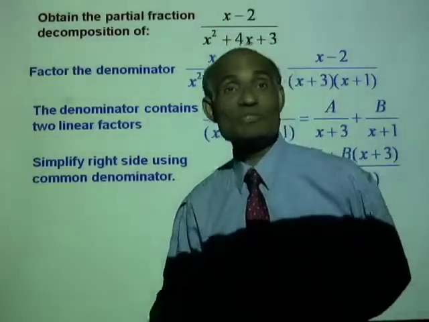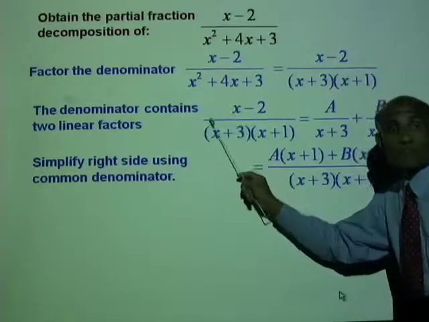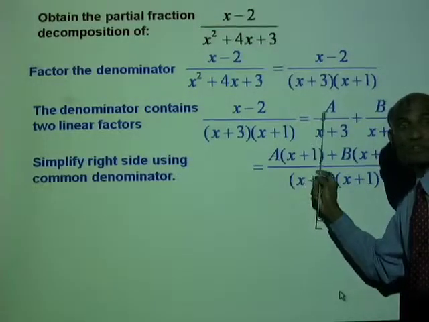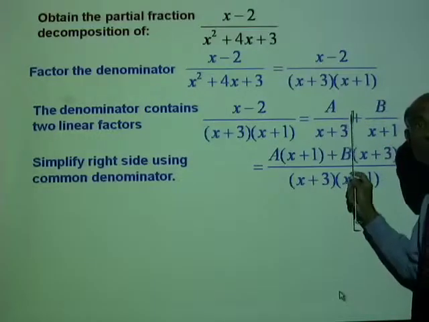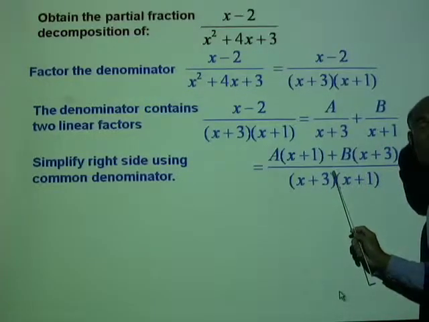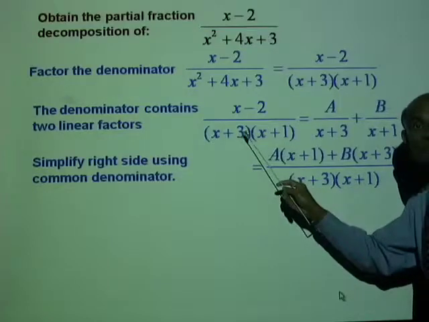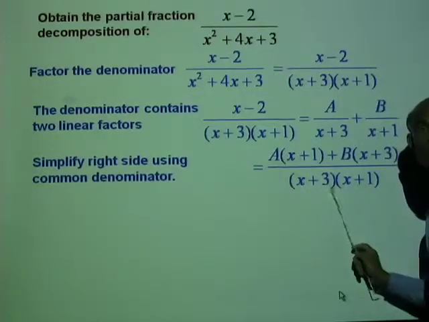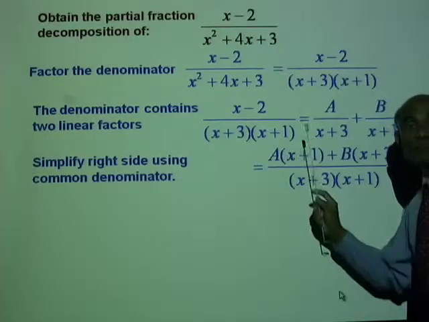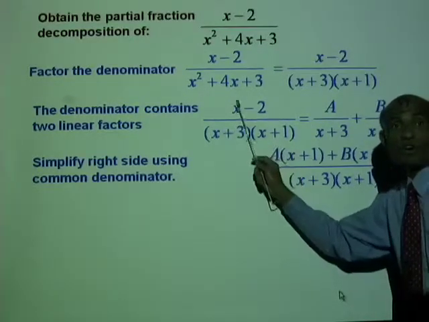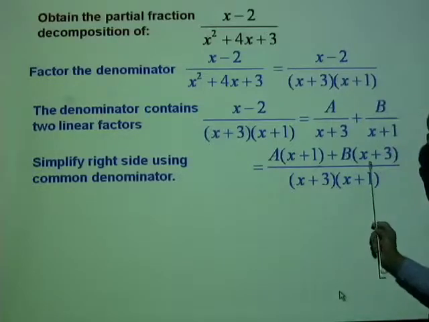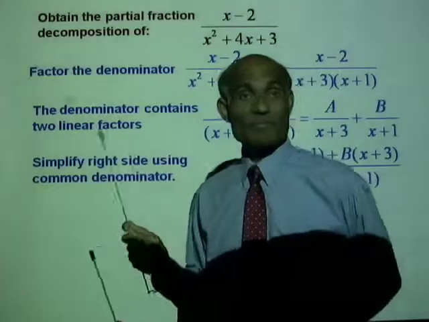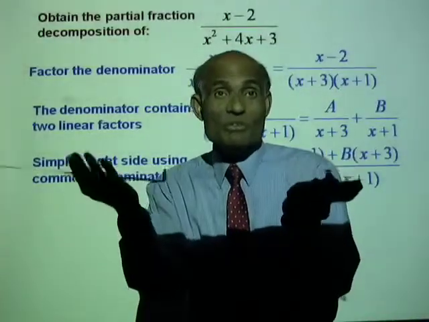Now, you have an interesting phenomenon here. This is the left-hand side we are trying to simplify. And by using the constants, this is our right-hand side, which simplified to this. And if you look at the left-hand side and the right-hand side, the denominators are exactly the same. Now, what that means is the numerator of the left-hand side must be equal to the numerator of the right-hand side. Don't you think so? Yes, because that is the property of equality.